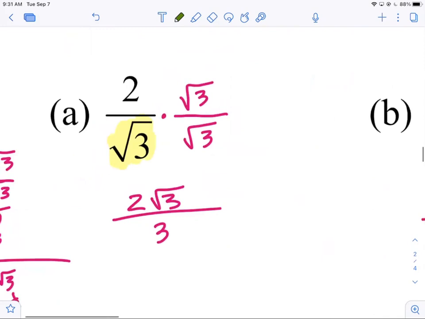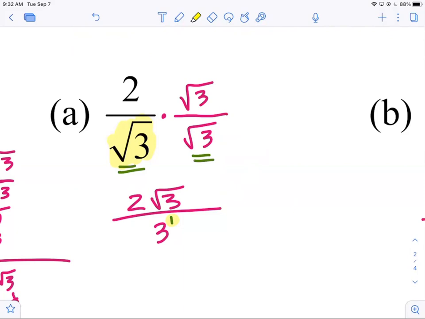Over here, I just multiplied by the same thing over itself. But remember, the whole purpose of that was so that I get rid of the radical. Remember, a radical is basically a what type of exponent? Fractional exponent. So to get rid of the radical means to get rid of the fractional exponent.